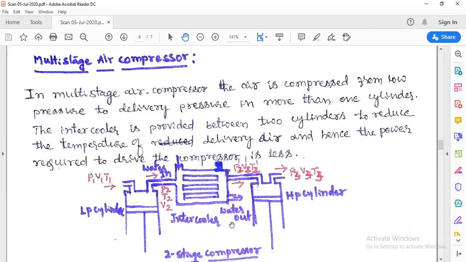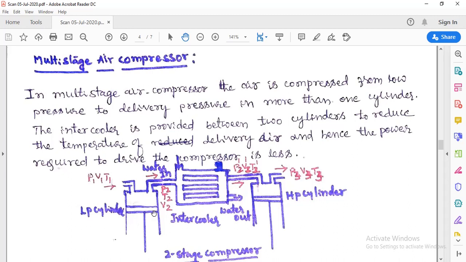With an example, I can explain how the power consumed can be reduced. Here I am considering the rise of pressure to be around 10 bar. In the first cylinder, the pressure of air is increased from 1 bar to 6 bar.